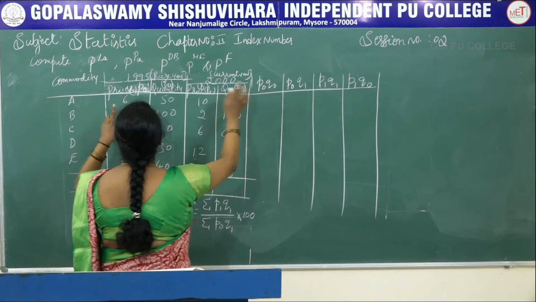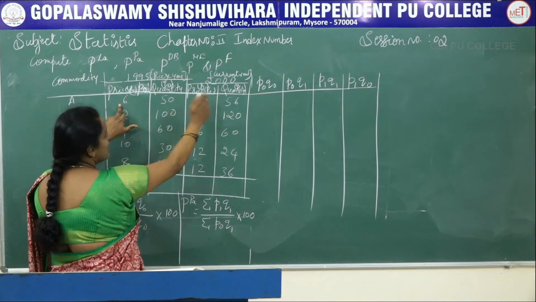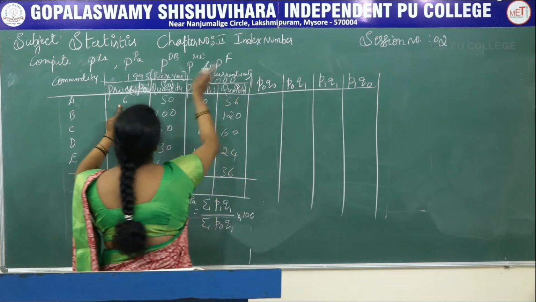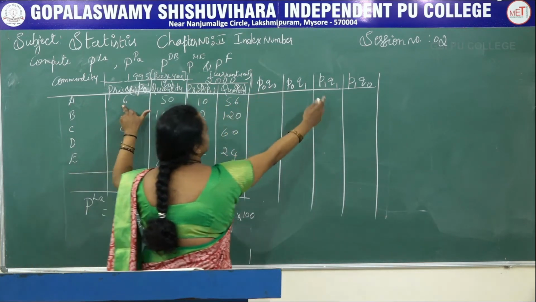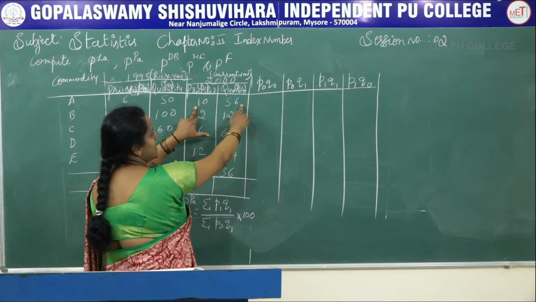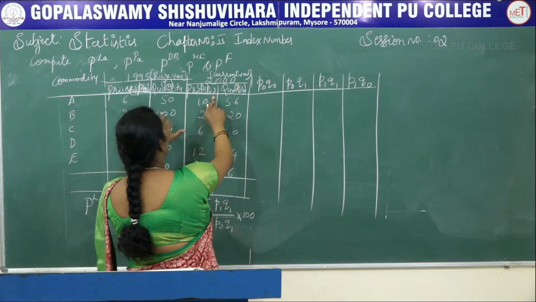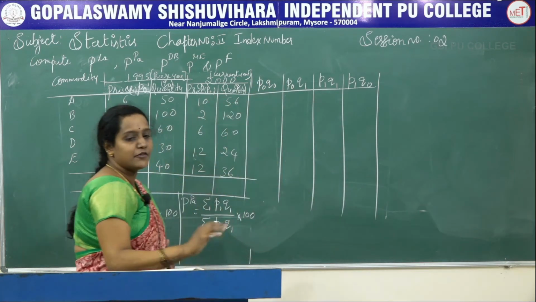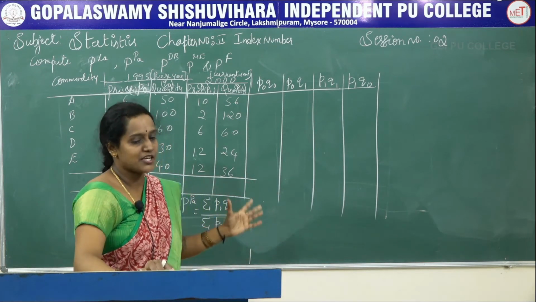P0 Q0 means the product of base year's price and quantity, and P0 Q1 is base year price with current year quantity. P1 Q1 is the product of current year price and quantity, and P1 Q0 is current year price with base year quantity. We have to calculate these products, then take the summation of that.